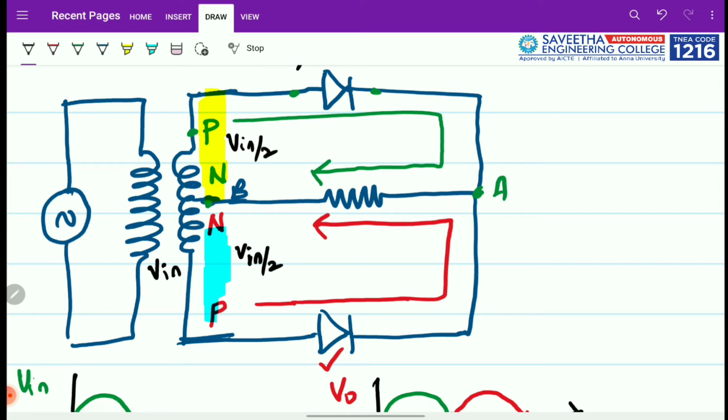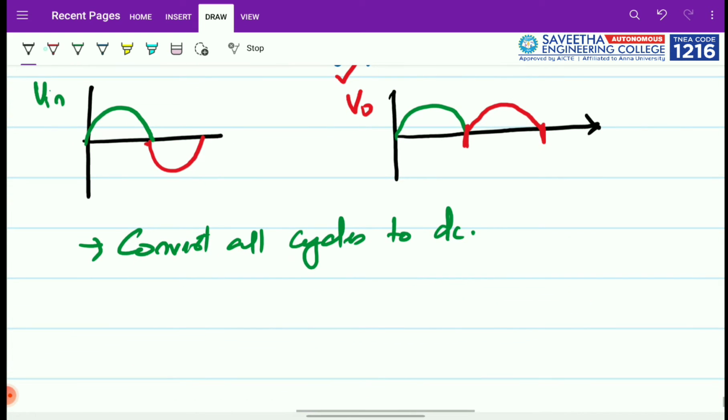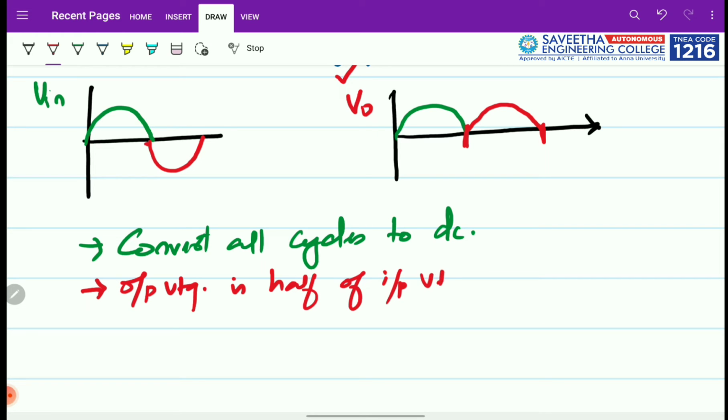So altogether the load always gets a voltage which is half of the input. So the output voltage that I measure here is half of the input voltage.